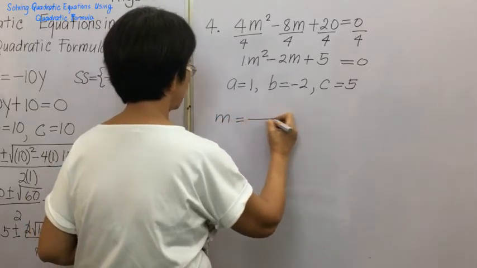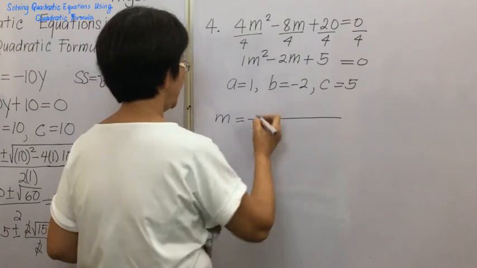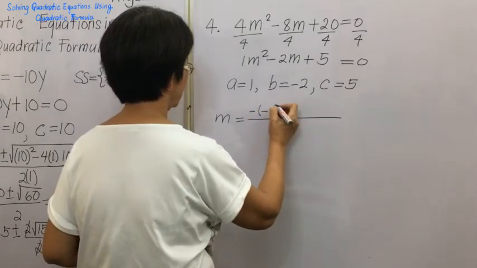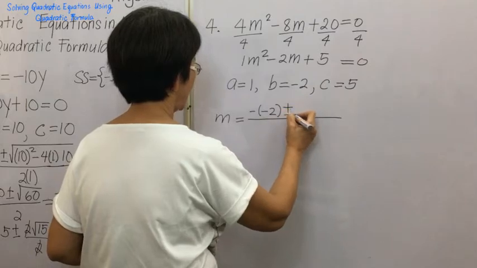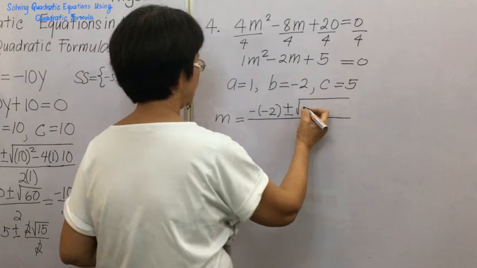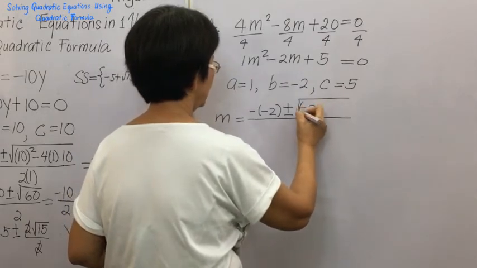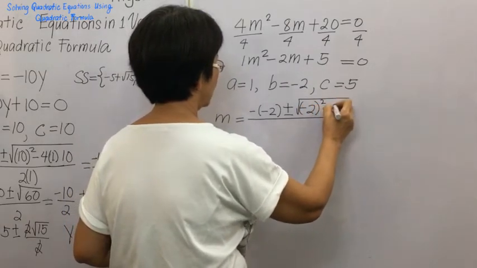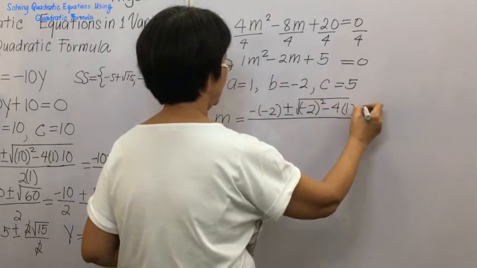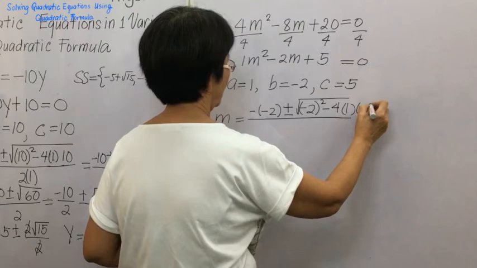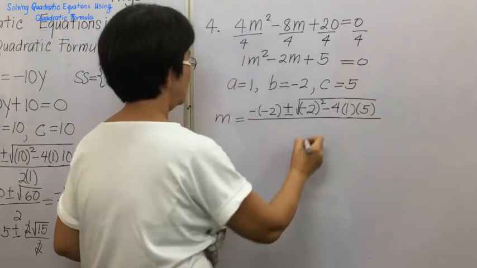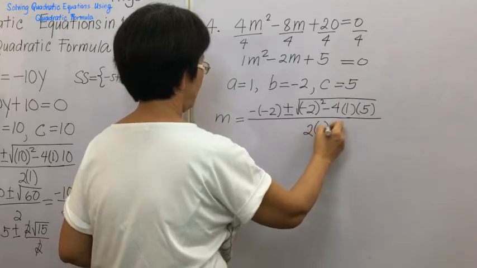M is equal to negative b, negative of negative 2, plus or minus the square root of b squared, negative 2 squared, minus 4ac, all over 2 times a.